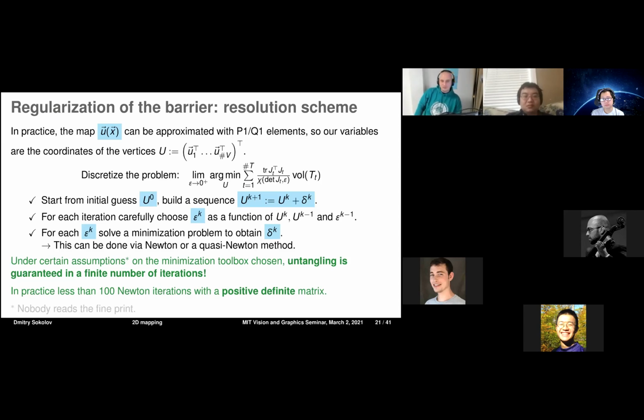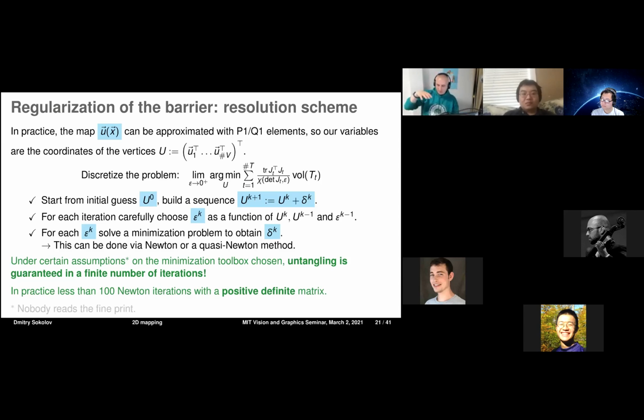And you said if the optimization algorithm finds the global minimizer for each choice of epsilon, then in a finite number of steps you'll find an uninverted map. But you mentioned this polyconvexity. Does that guarantee that you can find a global minimum of each sub-iteration? No.